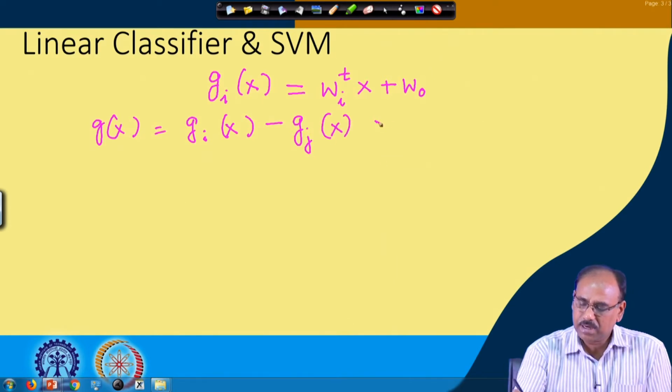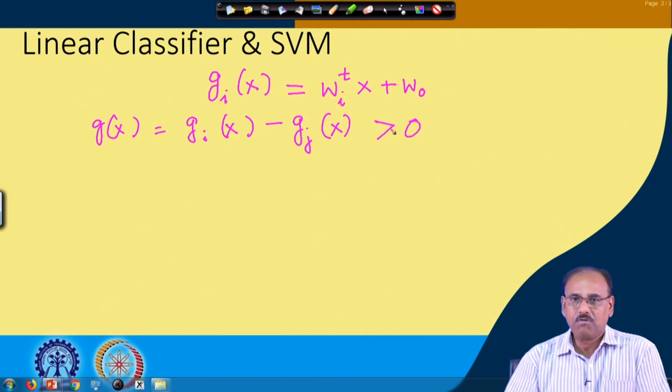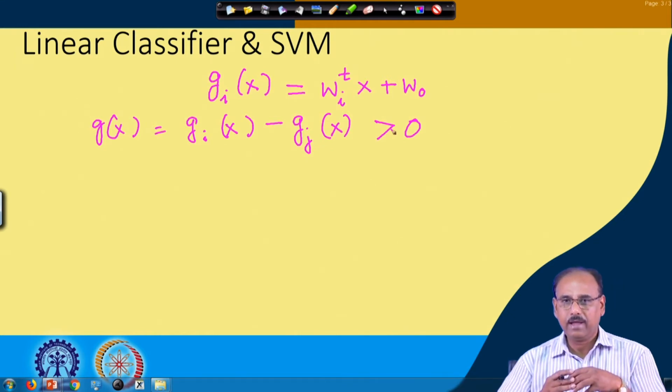If this becomes greater than 0, that means for any given sample x, the discriminant function for class omega I is greater than that for class omega j, and our conclusion is that x belongs to class omega I. Whereas, if g j x is greater than g I x, then obviously x belongs to class omega j.